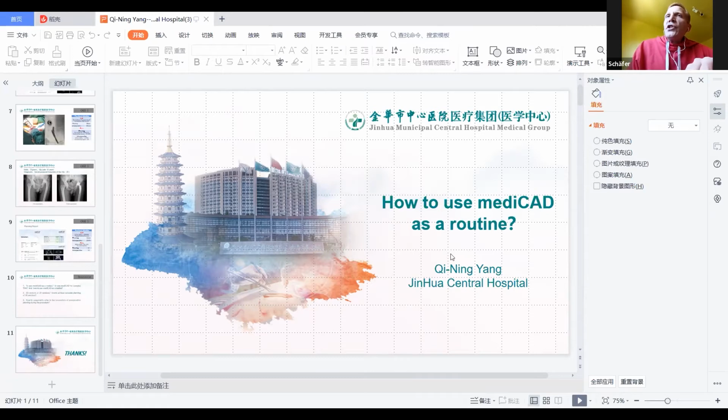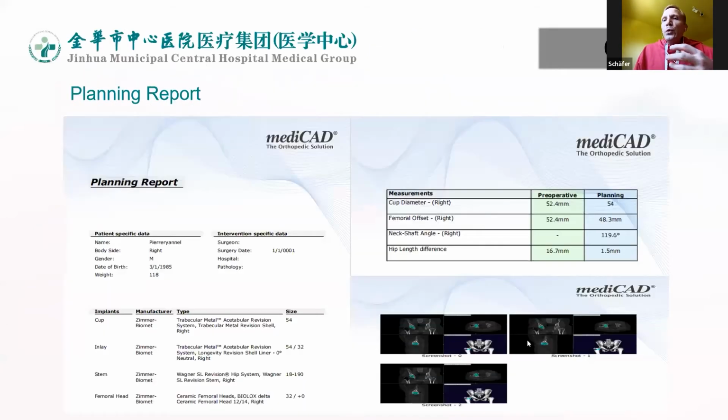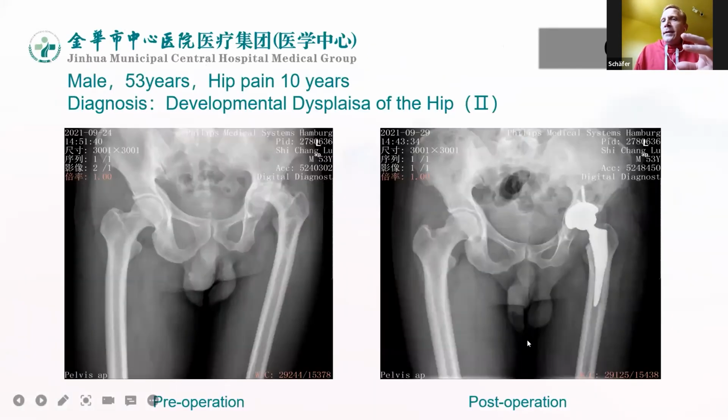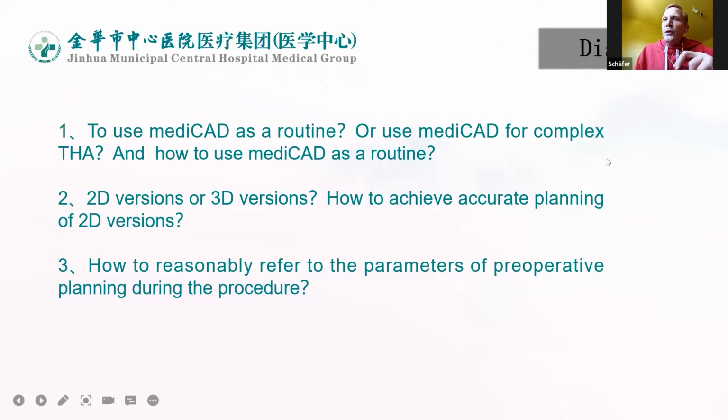I think the second question was why 2 day or 3 day. I use 2 day. We have the lessons in our hospital with the 2 day version. I would say that's easier.